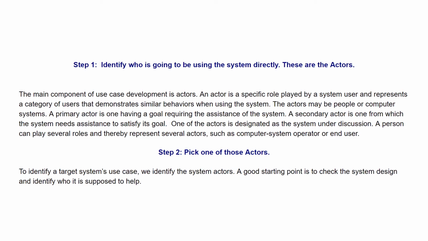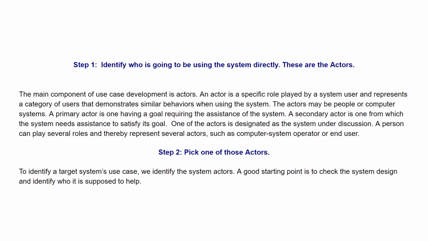Just like my friend previously said, one of the components of the description is actors, and they are the main component in use case development. Each actor has a specific role played by the system user and represents a category of users that demonstrate similar behaviors when using the system.